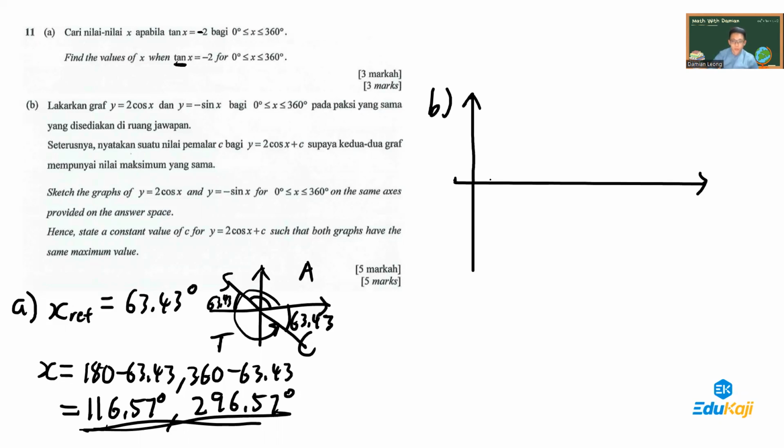So, here 1, 2, -1, -2. Okay, 2 cos x means is your norm, 2 in front.